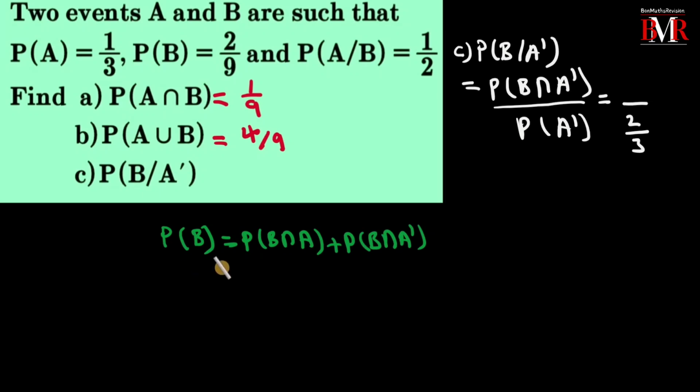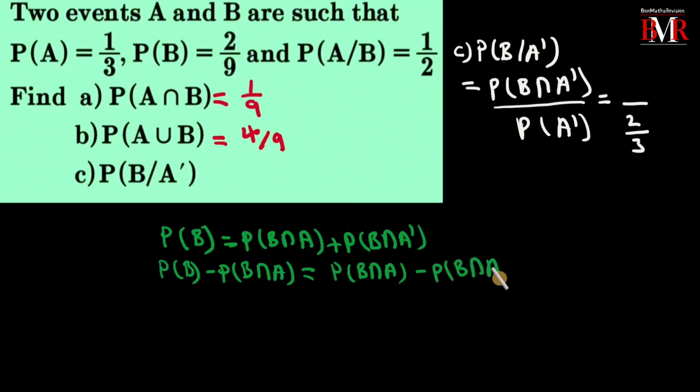That is, I'll subtract probability of B intersection A from both sides of this equation. That is, probability of B minus probability of B intersection A is equal to probability of B intersection A minus probability of B intersection A plus probability of B intersection A prime.